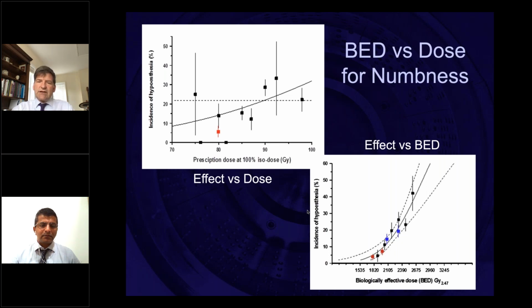But when we looked at the incidence of numbness versus BED on the bottom right chart, you can see a really astounding dose effect relationship. And what we're seeing here is the classic sigmoid curve that we see on dose response curves.